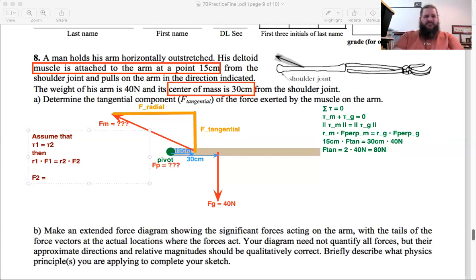R1 F1 over R2. Right. In other words, F1 modified by the ratio R1 over R2. So the second force is the first force modified by that ratio. In this case, the radii, the distances, are a ratio of 2 to 1. So the forces have to be a ratio of 1 to 2.